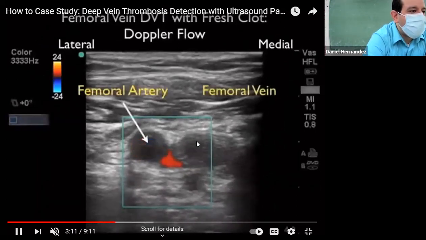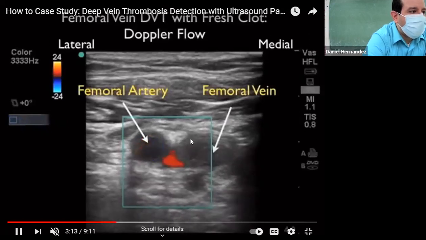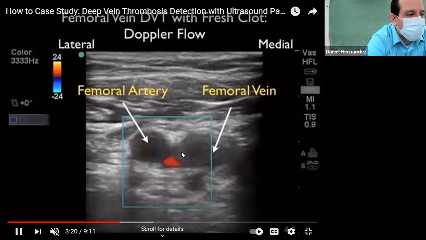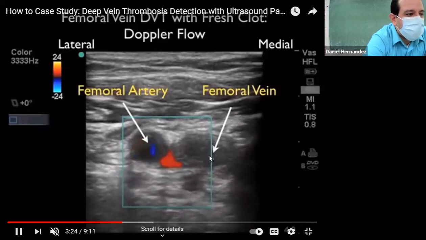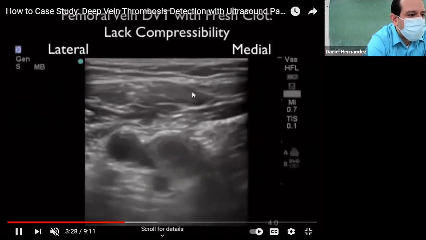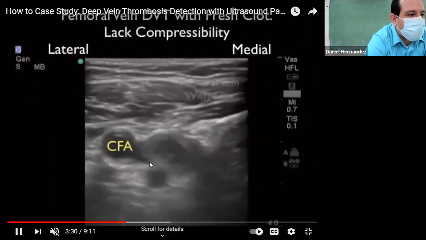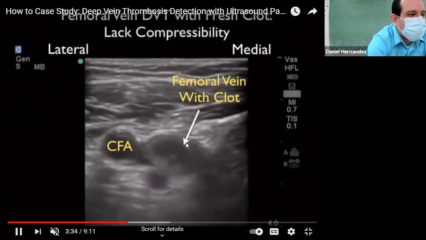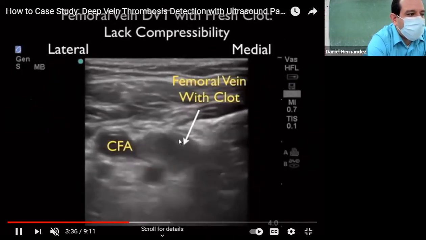As we move down the leg a little bit more, this is now femoral artery and this is femoral vein. Over here, it looks like you're getting a little bit of flow around that clot, but it's primarily thrombosed. If we show compression, you can see there's a small area of the vessel that compresses, but the majority of that vein is now thrombosed.